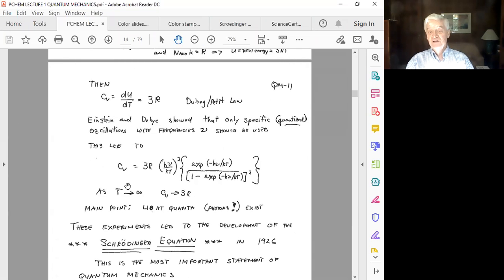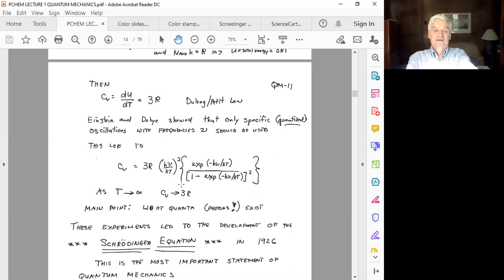Well, it turns out the real formula looks like this. This was explained by Einstein and Peter Debye, who's probably the most famous American physical chemist. It doesn't look anyway that this could come out to be 3R at high enough temperatures. But if you expand these exponential terms in Taylor series, put it all together, make T really high, you basically wind up with all of this stuff coming out to be 1, and it comes out to be 3R.